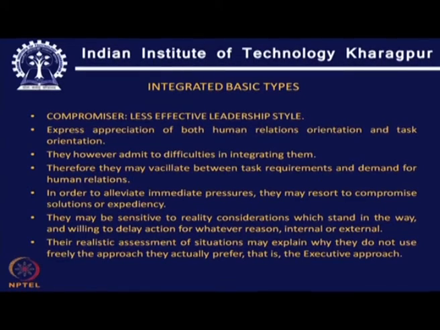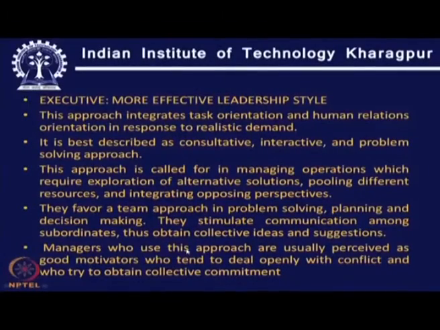In order to alleviate immediate pressure, they resort to compromises, in situations which may spring up again later on. They vacillate between the requirement of the task and the demand for human relations. So this is not as effective a style as the executive.